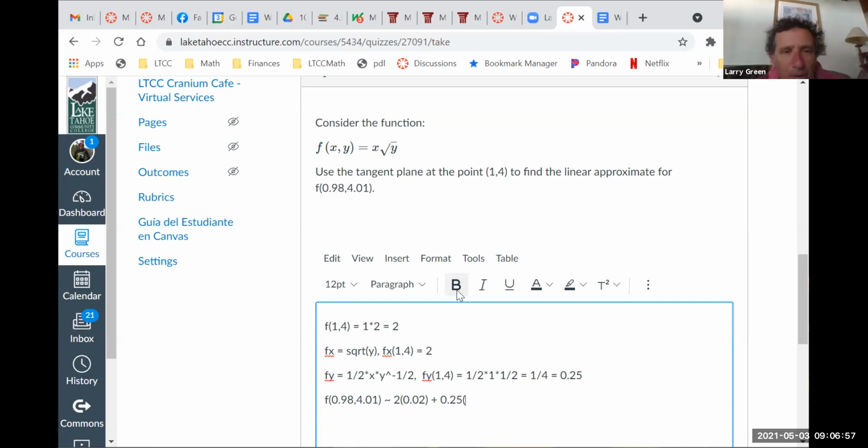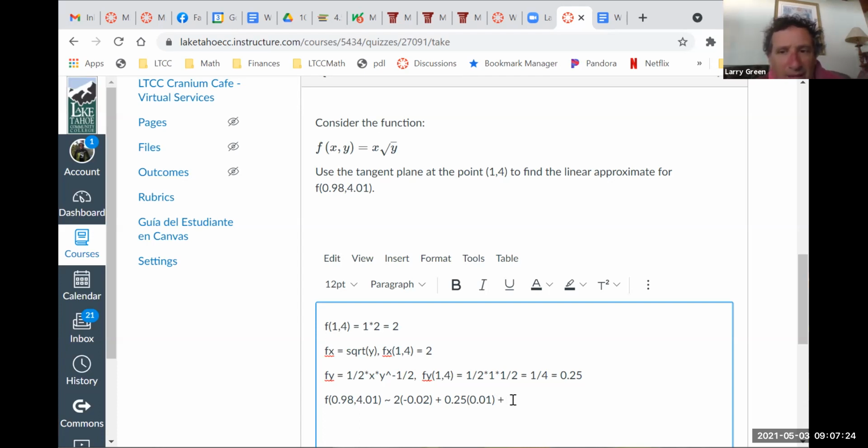And if you take 4.01, I forgot the negative there. There it is. If you take the 4.01 minus our 4, you get 0.01. Any questions on that?